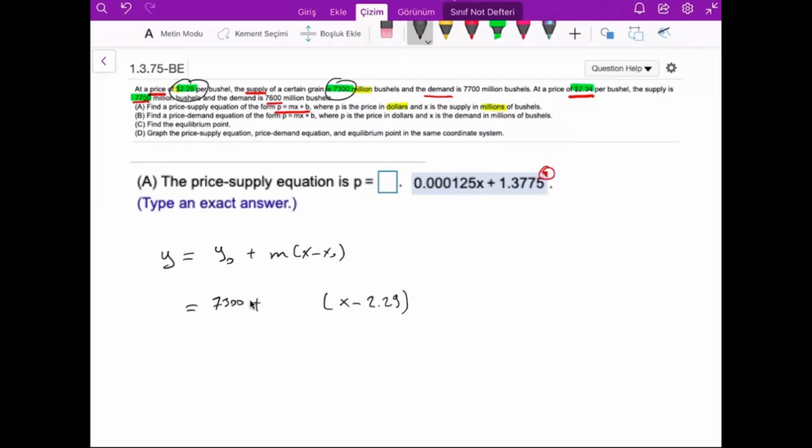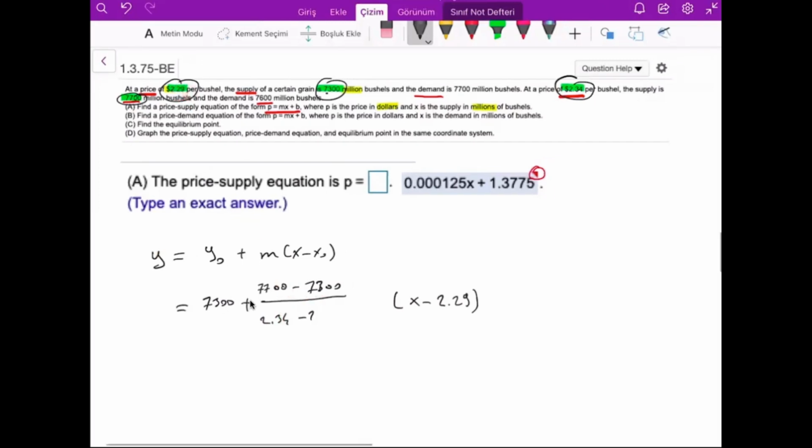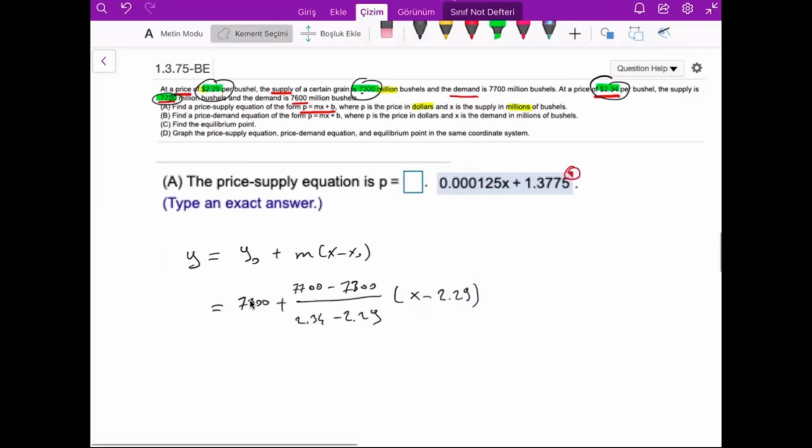You can obtain the slope from all the values: this value minus this value over the difference between the prices, 2.34. Please keep the order. This supply relates to this price and that supply to that price, so you should subtract this value. Then you can find your function. From here you should reach this equation.